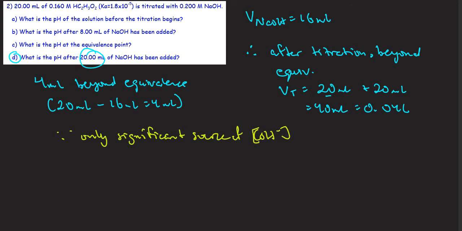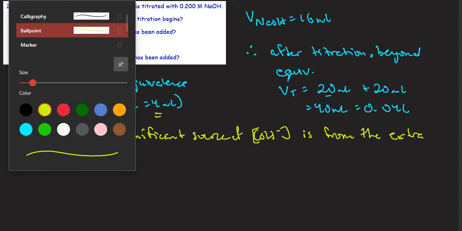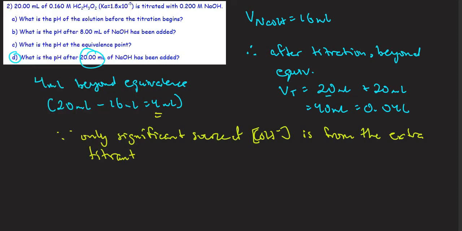The only significant source of concentration of hydroxide ions is from the extra titrant. That means we only have to worry about the 4 mL of extra hydroxide added.